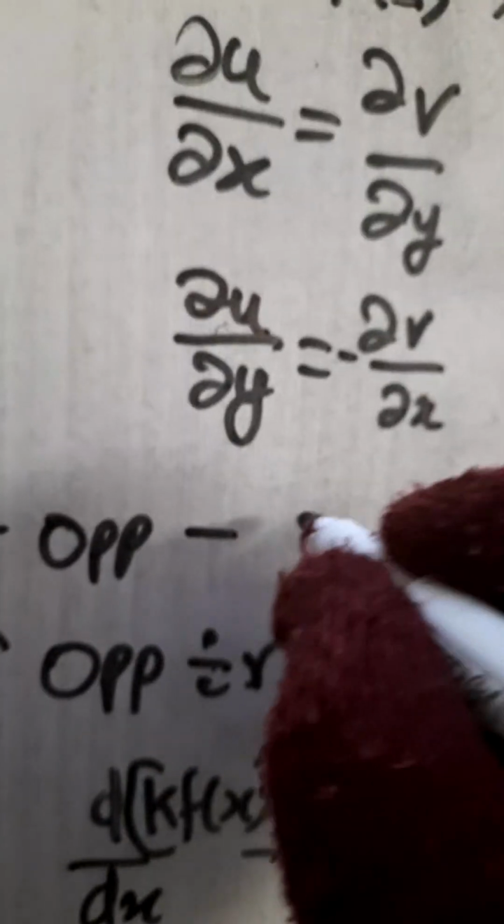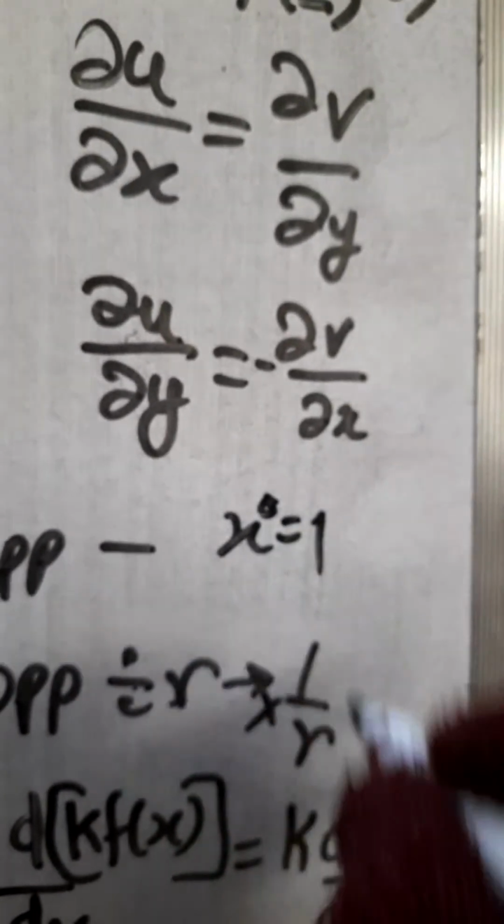We make this 1 the coefficient, n x raised to n minus 1. We also reduce the power by 1. This became 0. Anything raised to 0 is 1. So 1 into 1 is equal to 1, and 1 into cos theta would be cos theta only. Anything multiplied by 1 is that only.